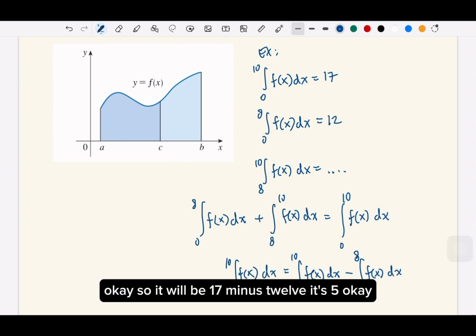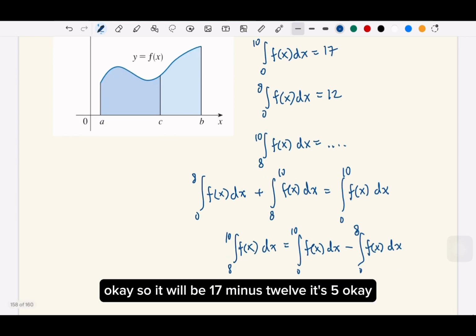Okay. So it will be 17 minus 12, it's 5. Okay, just to get to know the property.